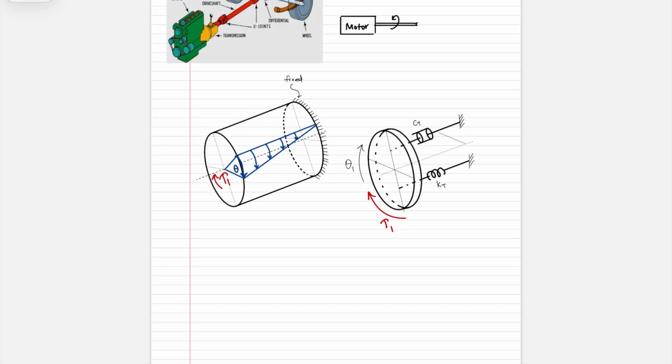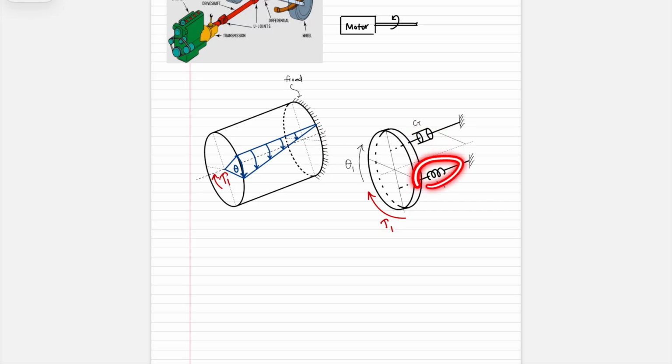Again, I've gone ahead and sketched this out as an equivalent model that represents the same system where you're now capturing the rotational inertia of this shaft entirely using this one disk, where this disk is experiencing the same torque tau1, and we show that this disk here is rotating by theta. And then there are torsional springs and dampers that are used for modeling how the system will behave.